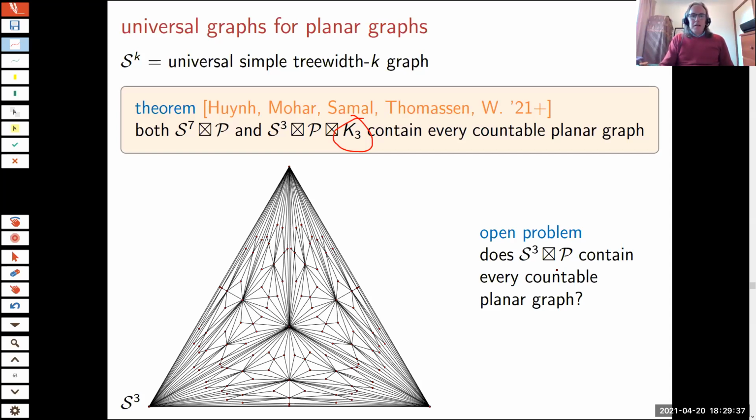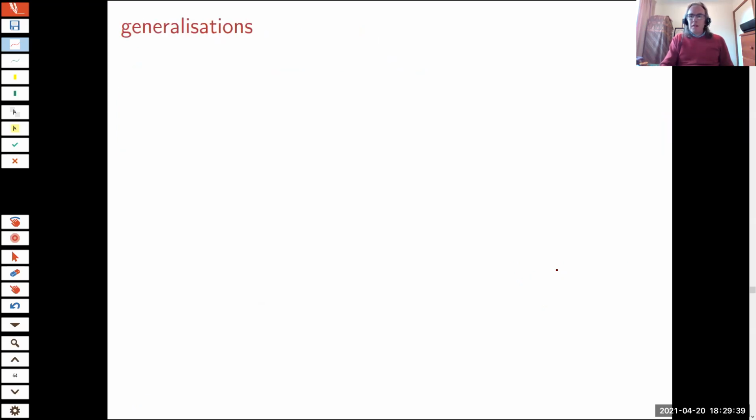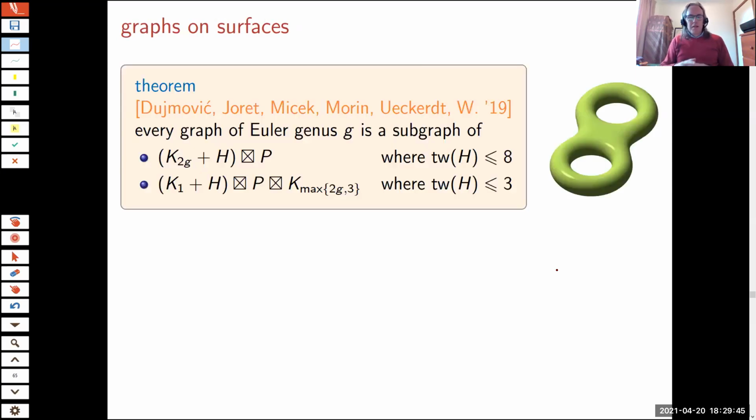Okay, all right, I think that's all I want to say about planar graphs. Let's talk about generalizations now. The first generalization is to graphs on any surface, and everything generalizes. Take any graph of Euler genus G. Euler genus is a notion that includes orientable and non-orientable genus, and you get these theorems here that say every genus G graph is a subgraph of something.